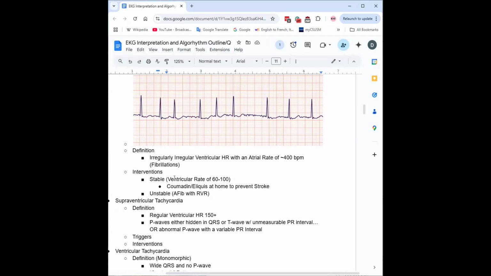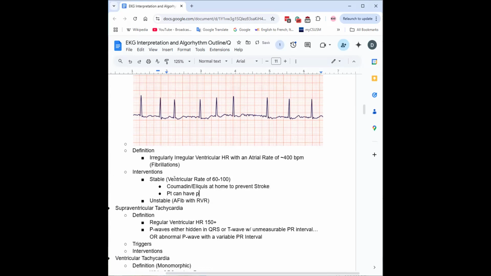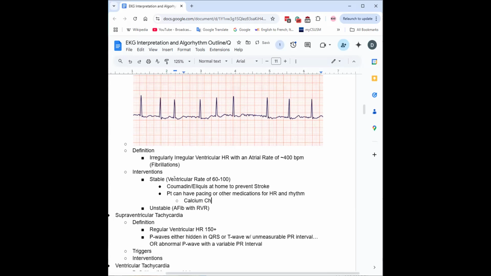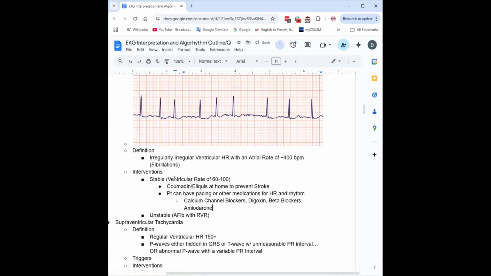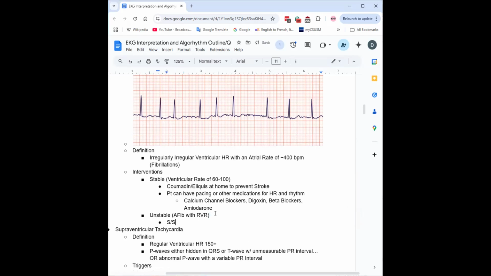So definitely take some vital signs. I like it. What else we got? Anything else?